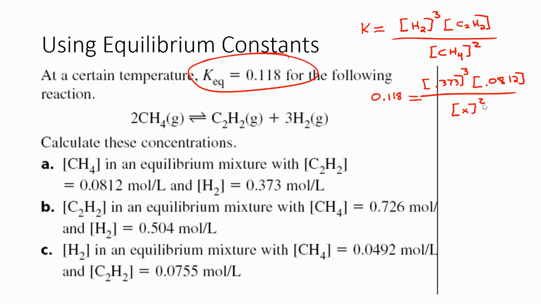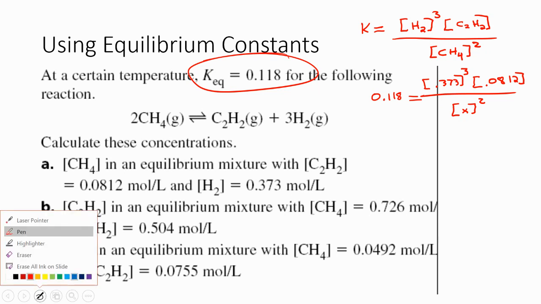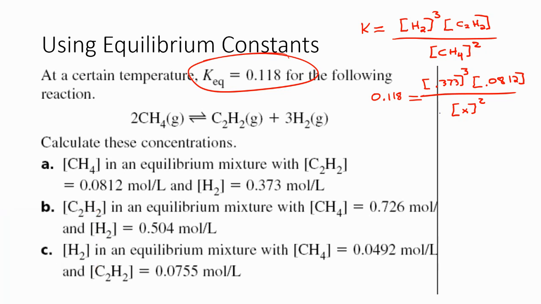Okay? I'm going to rearrange this, and I'm going to run out of space. I'm going to do a couple things at the same time. Let's change my color so we can see this. I'm going to bring X squared up here, and I'm going to bring 0.118 down there.